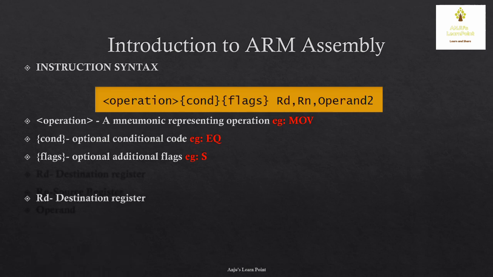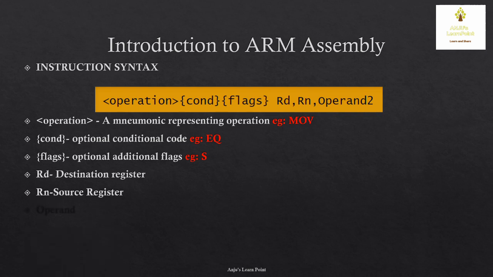It can be any of the flags. Then we have Rd, or the destination register, which is specified. Following that is Rn, or the source register, from where we are going to do the operation. And the last is the operand, or the value which is specified.